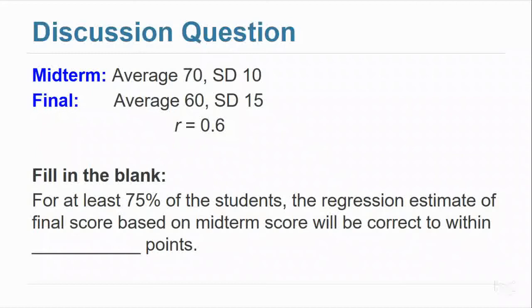We'd like to fill in the blank for this statement: for at least 75% of the students, the regression estimate of the final score based on midterm score will be correct to within a certain number of points.